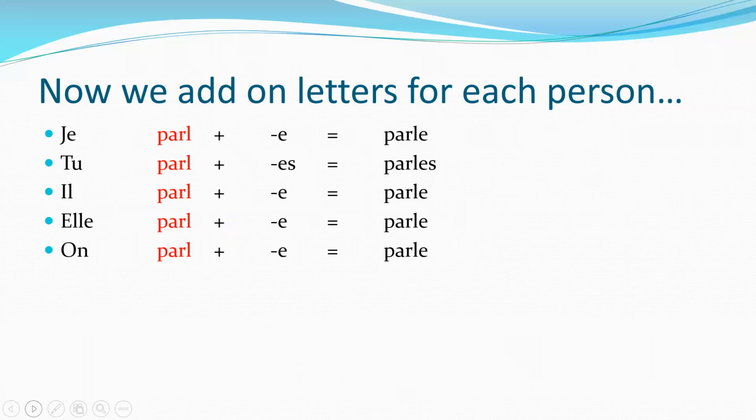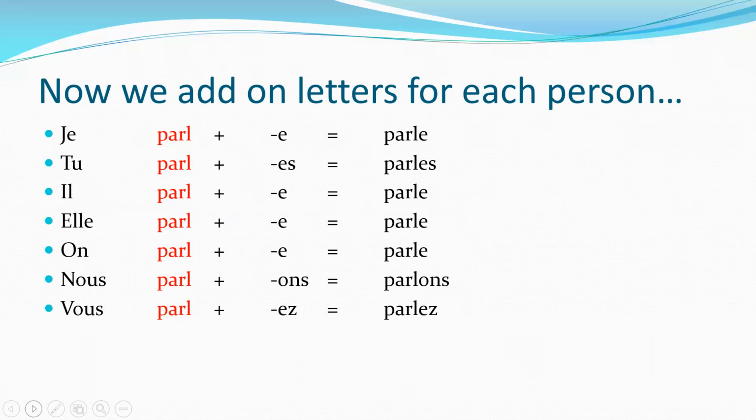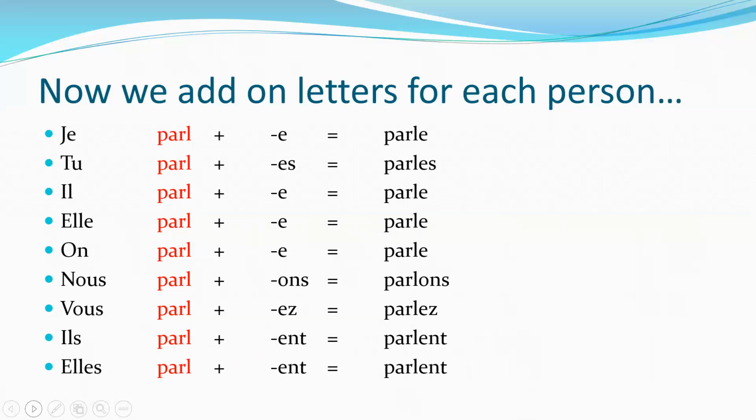What letters do we add for the next stages of our conjugation? Nous, we add on an ONS. Nous parlons. Vous, we need to add an EZ. Vous parlez. Then for ils and elles, we add on an ENT. Ils parlent, elles parlent.